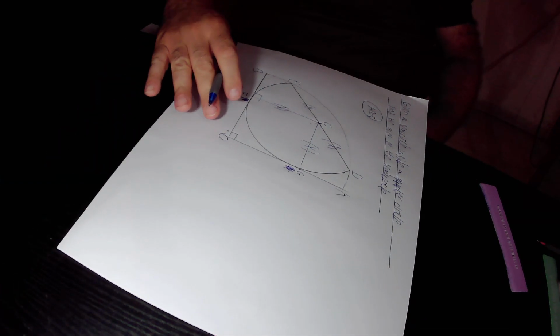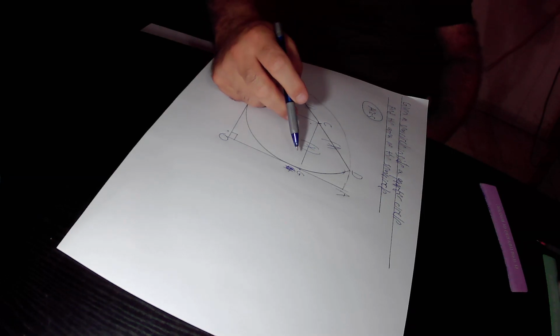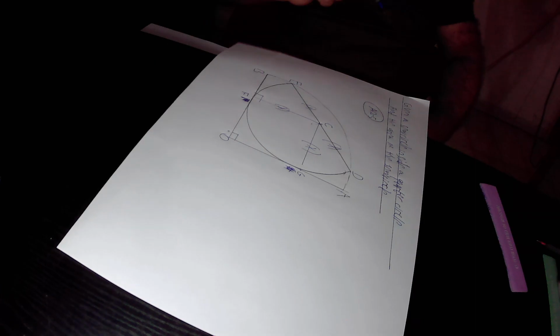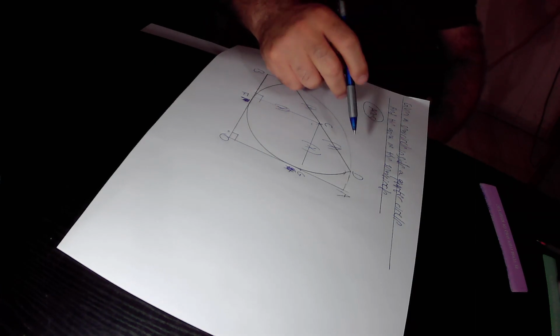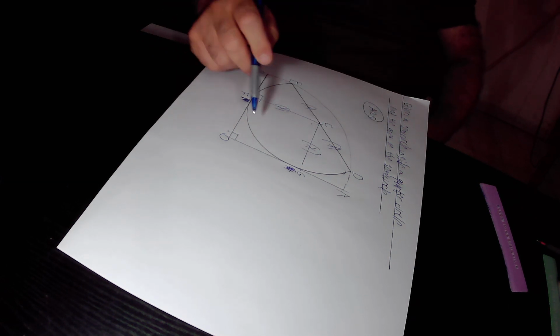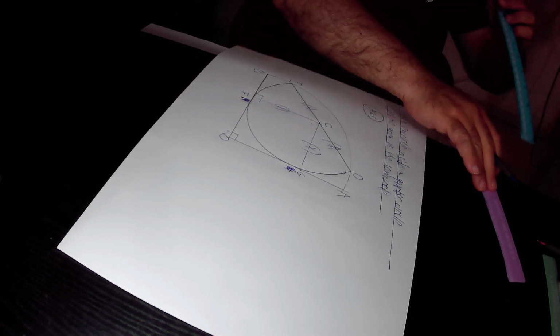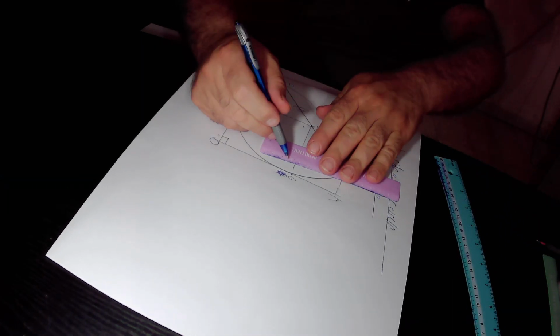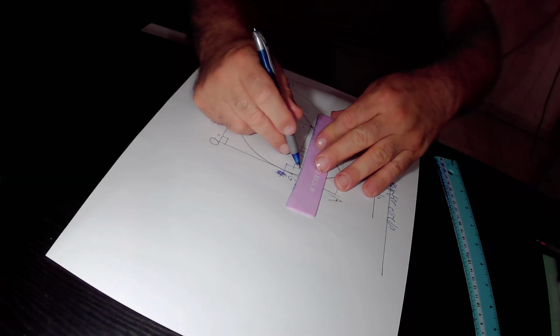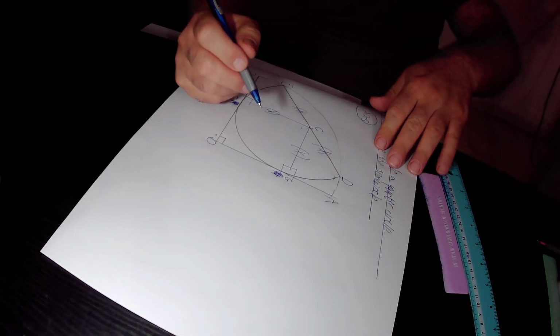Again, we have the radius CG that is perpendicular to point G, that is the point of tangency of tangent AO with this semicircle. And whenever you have a radius that is perpendicular to the point of tangency, then tangent AO will be perpendicular to the radius GC. If AO is perpendicular to GC, it means that this angle equals 90 degrees, and this angle also equals 90 degrees according to the same rule, rule 1.